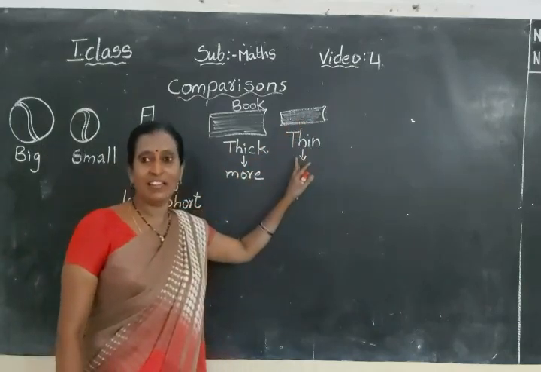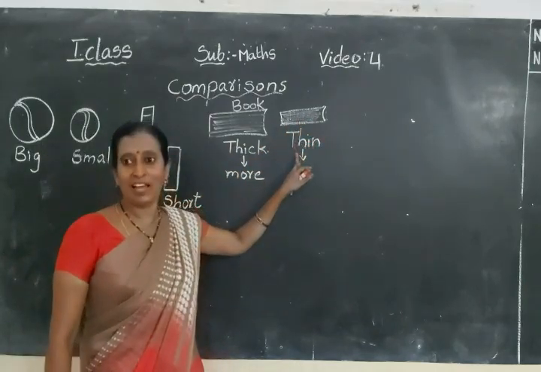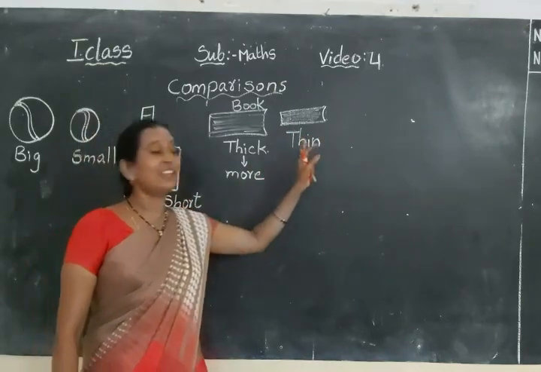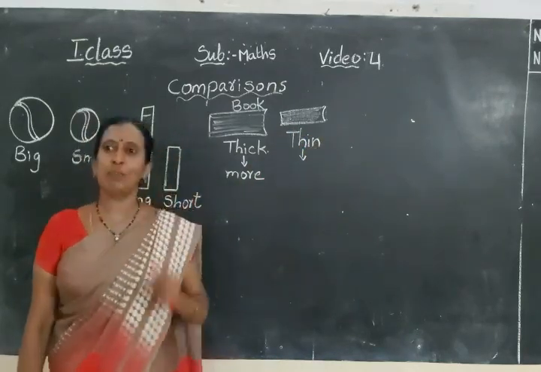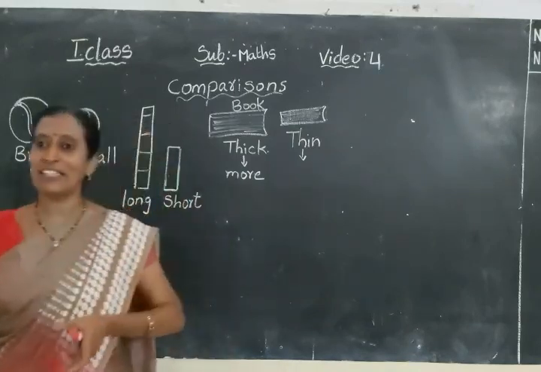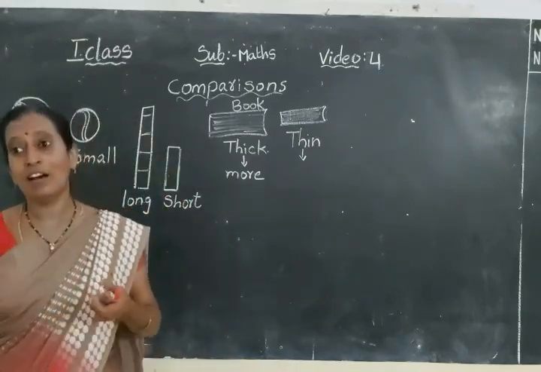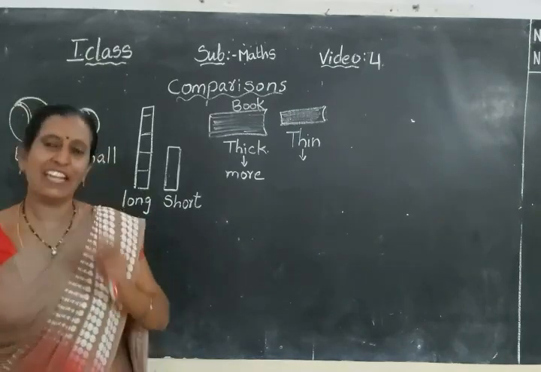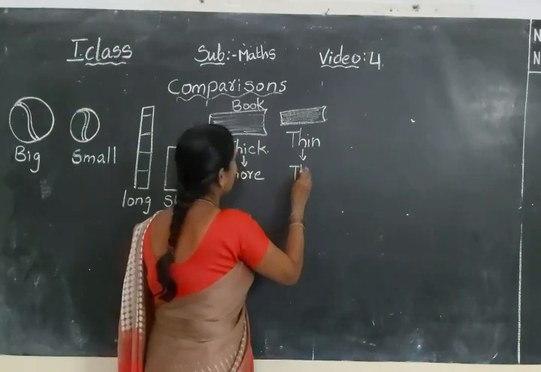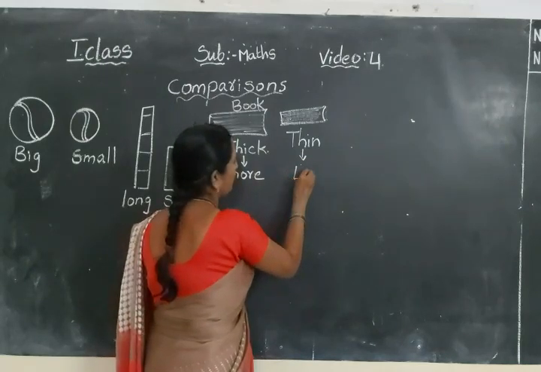Here, look at this one. This is a thin book, because this book has fewer pages. You are seeing books of 100 pages, 200 pages. That book looks thin. You are comparing. Less pages.